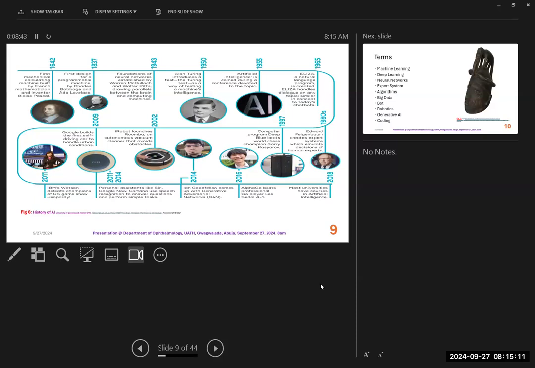Then since 2018, you have many universities taking up AI as a course. Then around November 2022, what we call today ChatGPT-3 was unveiled. Those who have been using AI know what ChatGPT is. If you give correct prompts, ChatGPT can actually do a lot of things for you. Then in March 2023, GPT-4 was unveiled, which is an advanced version of ChatGPT.